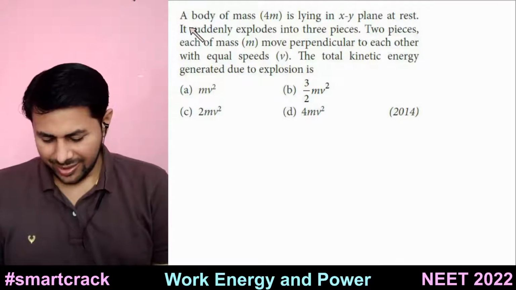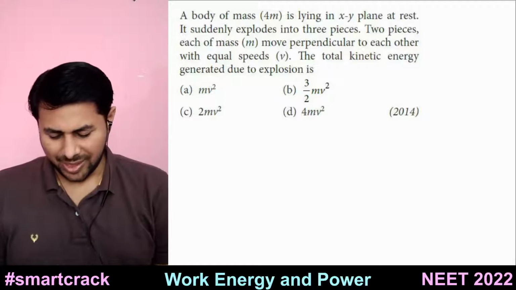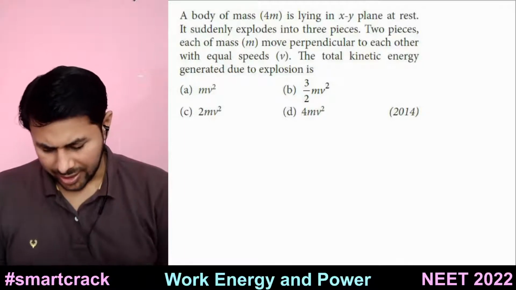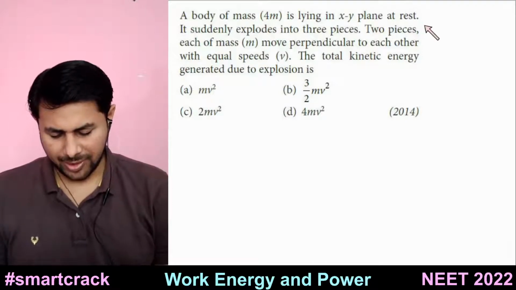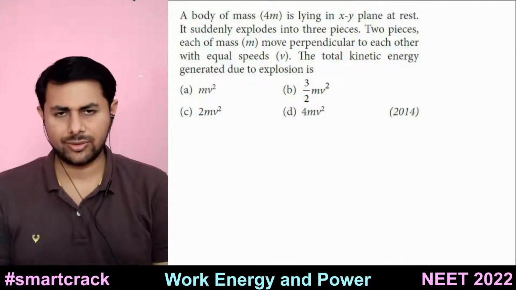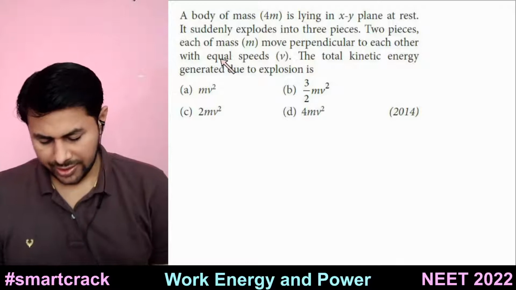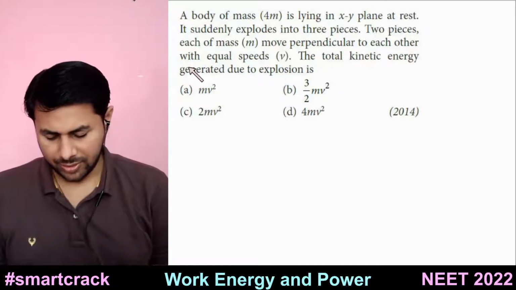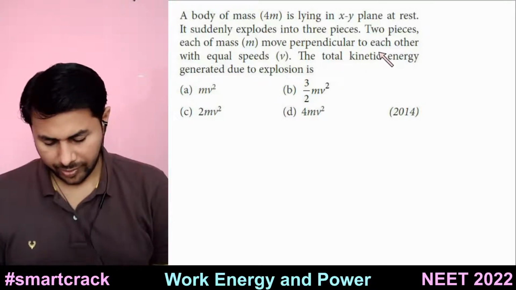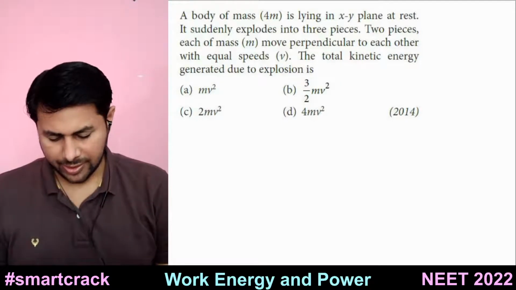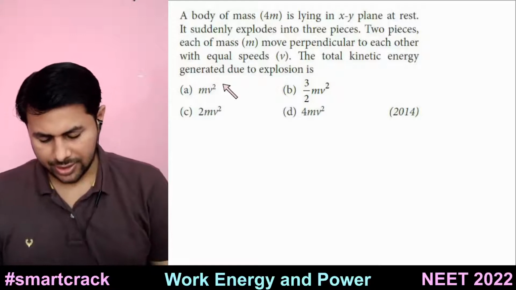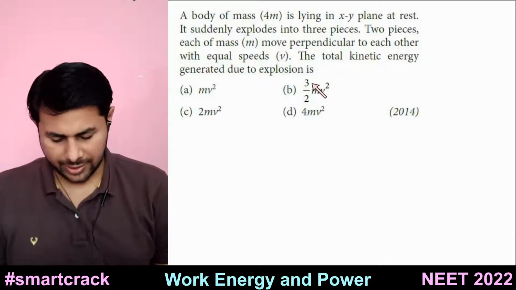Yeah. Next problem. A body of mass 4m is lying in the xy plane at rest. It suddenly explodes into three pieces. Two pieces each of mass m move perpendicular to each other with equal speeds v. The total kinetic energy generated due to the explosion is.